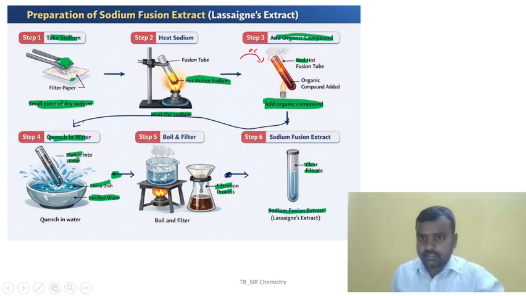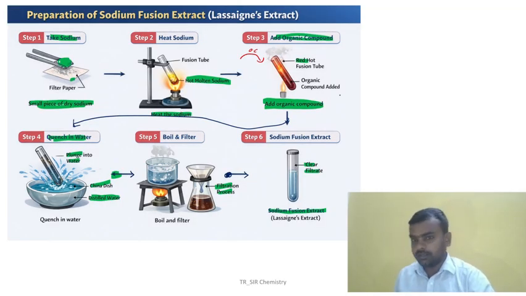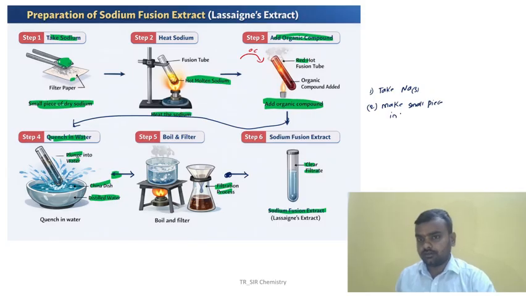So, guys, here step by step I'll write the flow chart. What will happen in this case? First, take the sodium solid. Then make small pieces in a filter paper.